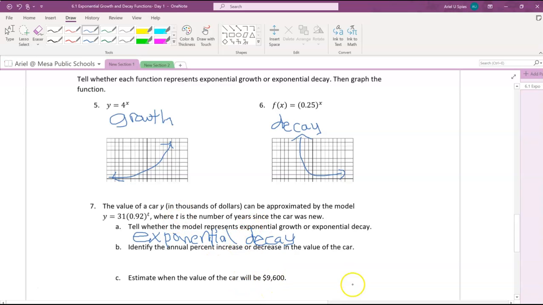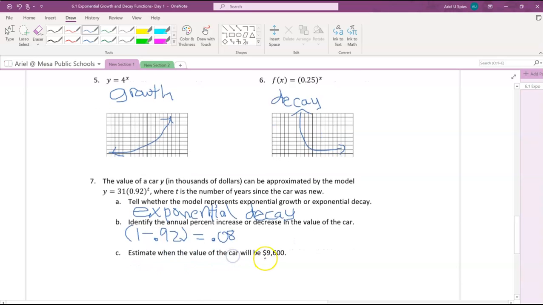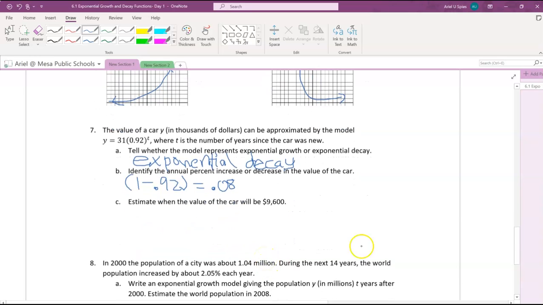And then I want you to find the percent increase or decrease. So what I want to do is take the number inside the parentheses and subtract from 1, which gives me 0.08. Which is 8%.